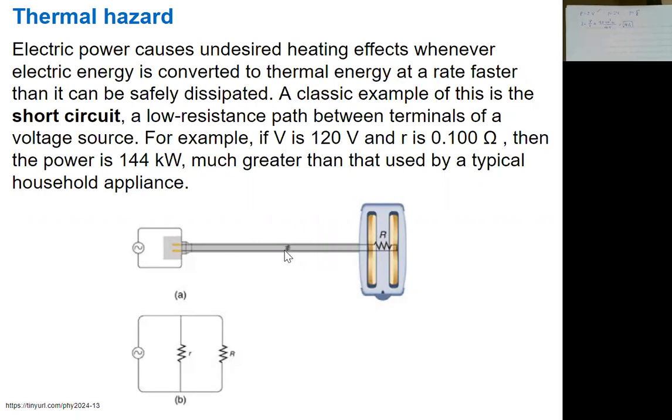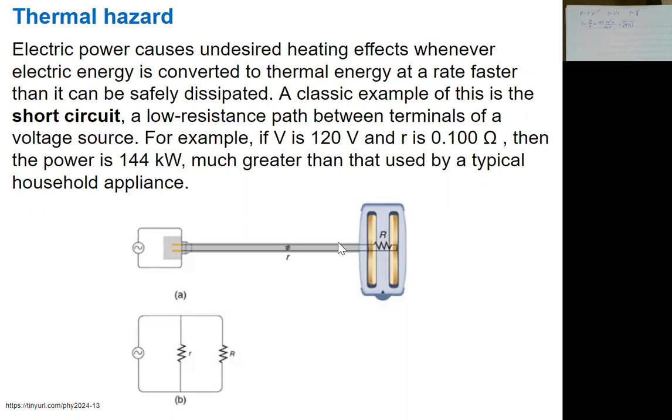Usually an appliance has a rather large resistance inside it. So with the voltage supply here at 120 volts over a very large R, the current going through the wires will be small.